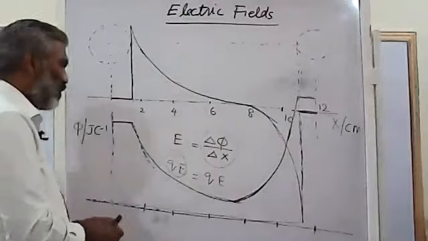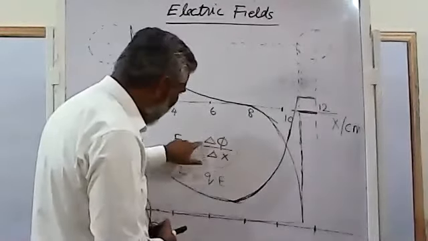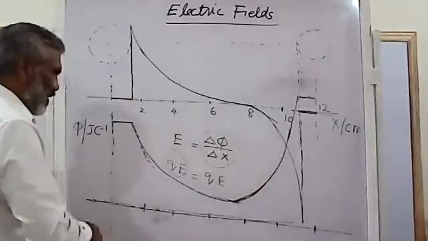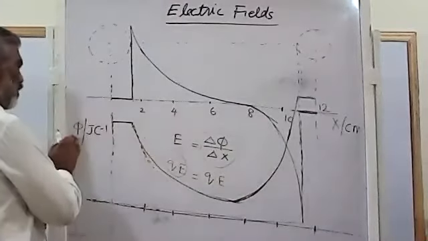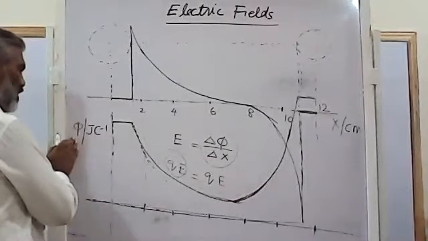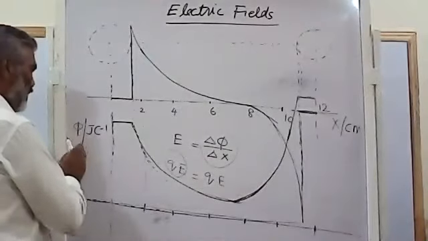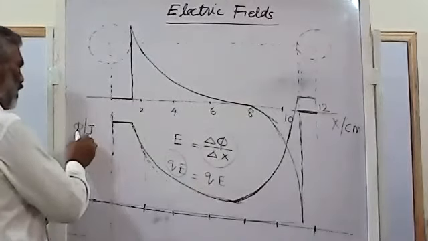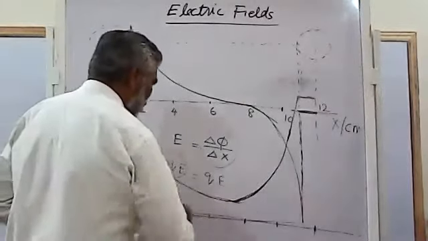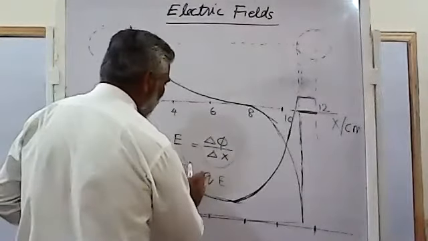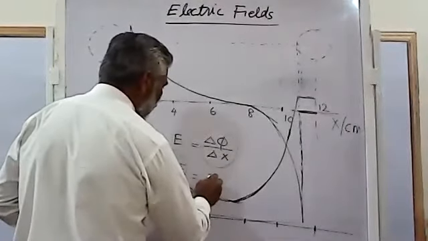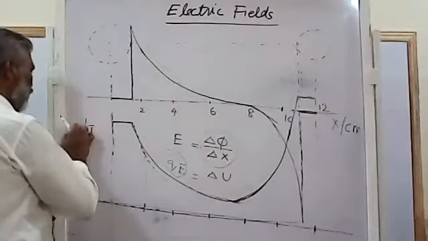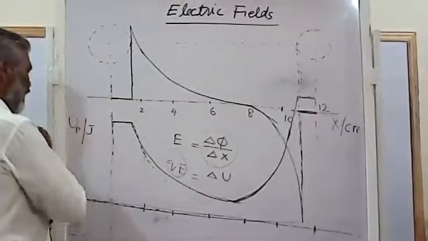If you multiply both sides by Q, this part, which is electric field, let's say instead of potential, you have a quantity which is called potential energy. In that case, it will be joules. So joule varying, let's say in this manner, then it will be the rate of change of U. Let's say this quantity is U now, which is potential energy.